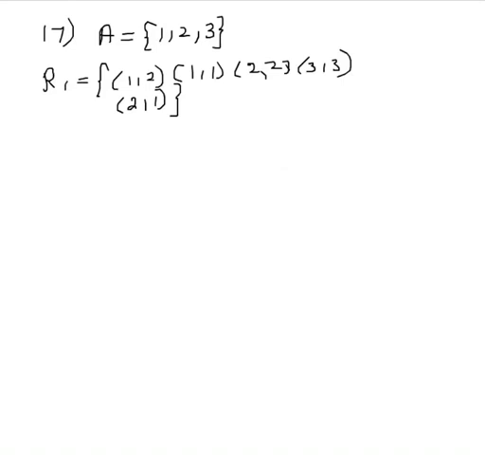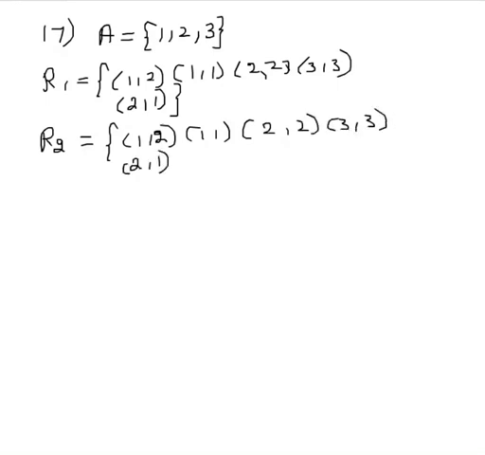Let us try to write one more. (1, 2). It has to be reflexive, so (1, 1), (2, 2), (3, 3) should be included. To make it symmetric, I have to include (2, 1). Let me include one more element. If I include (1, 3), (3, 1) should be included to make it symmetric. If I consider these two elements, (2, 1), (1, 3) are there in R2, but (2, 3) is not there.